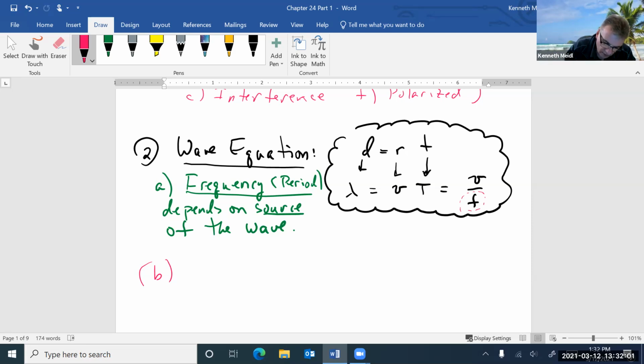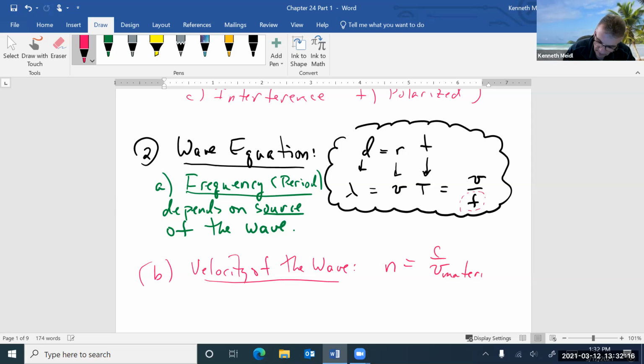Now, the velocity of the wave, we saw this definition in chapter 23, that the index of refraction is c divided by the velocity of the material.